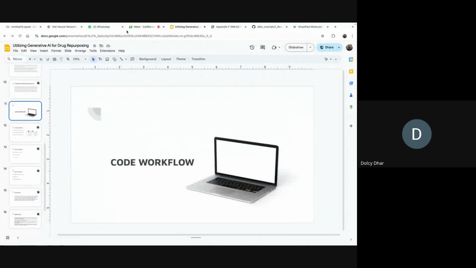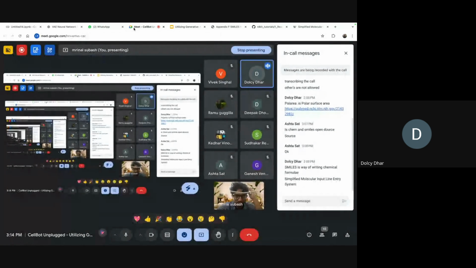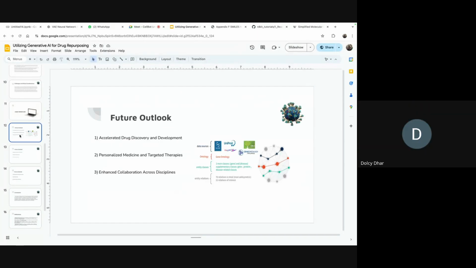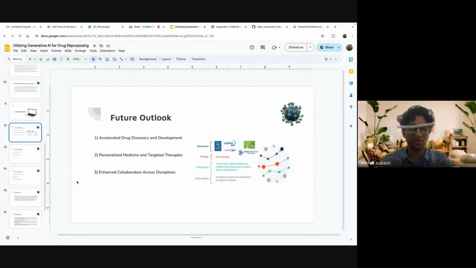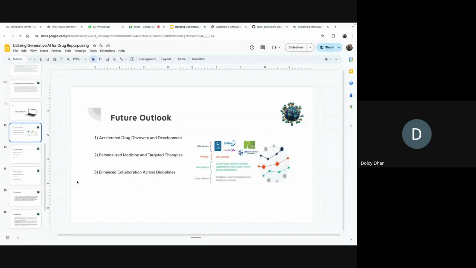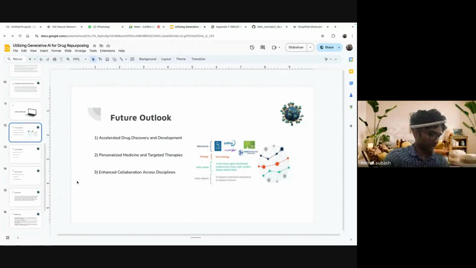And this was a great way of representing information. So thank you so much, Mrinal, for taking us through this amazing session. Sure, great deep dive. There's still more, I was going to talk about the future outlook. Sure, go ahead.